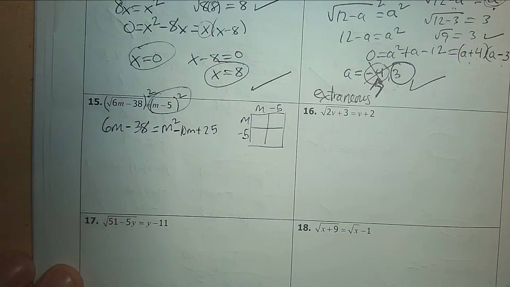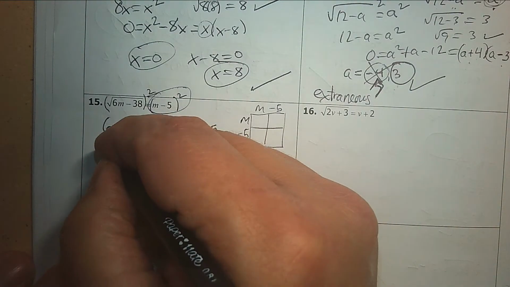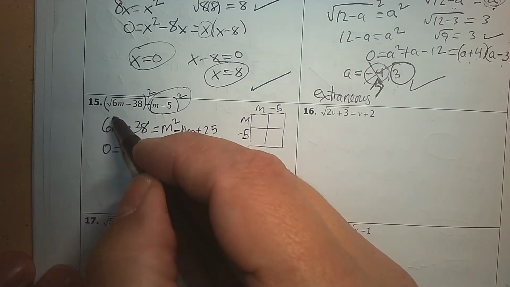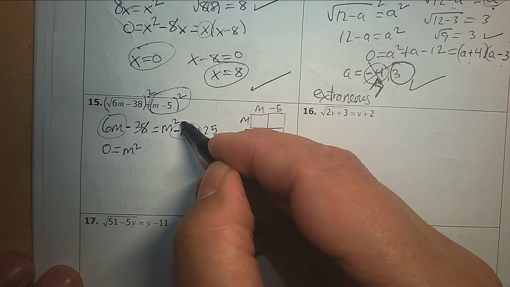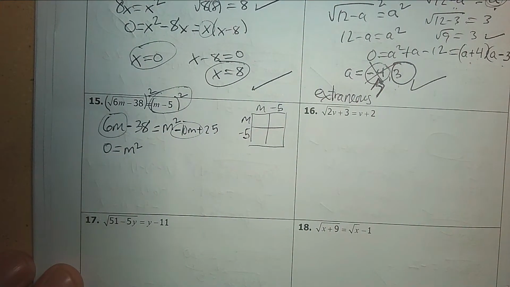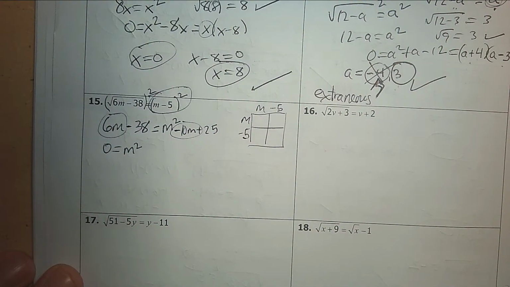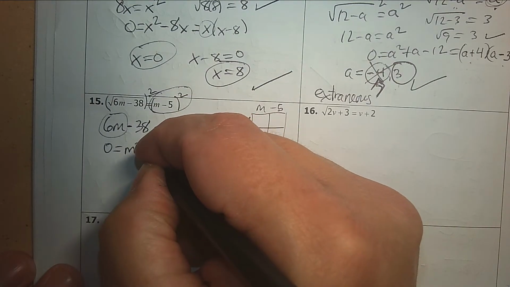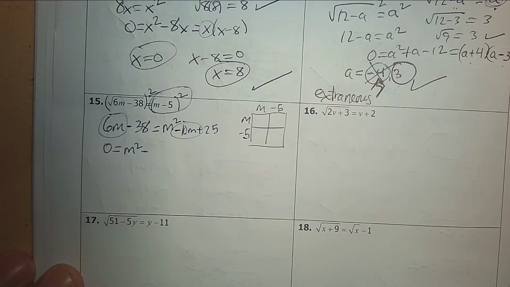What type of equation is this? So I need to make it equal to 0, yes? So how do I bring 6m and negative 10m? How do I combine like terms there? So what's negative 10 subtract 6? 4. Negative 4. Try again. Negative 10 subtract 6.